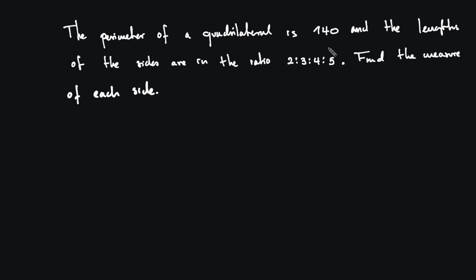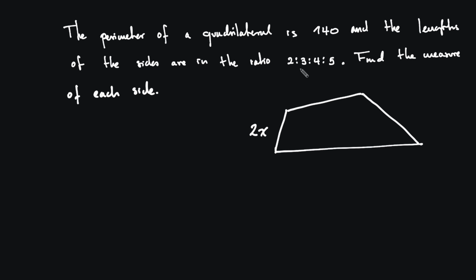The perimeter of a quadrilateral is 140, and the lengths of the sides are in the ratio 2, 3, 4, 5. Find the measure of each side. So if we have a quadrilateral like this, the smallest side will be 2 times the unknown quantity, 2x.